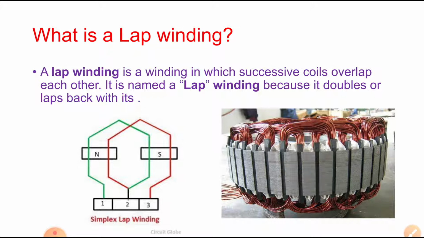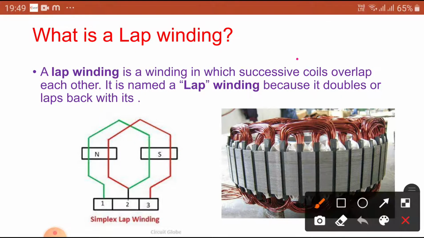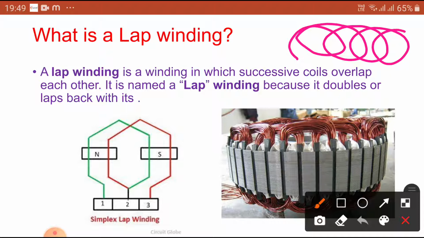A lap winding is a winding in which successive coils overlap each other. That means this is one coil, then the next comes and overlaps, again overlaps, again overlaps, in a progressive winding. It is named a lap winding because it doubles or laps back with its connection.